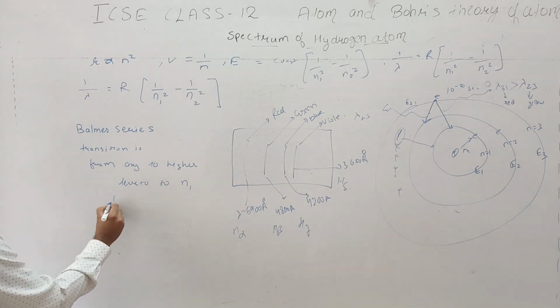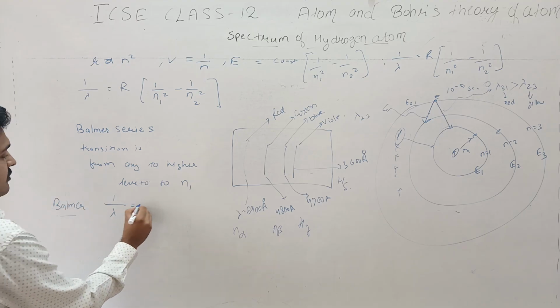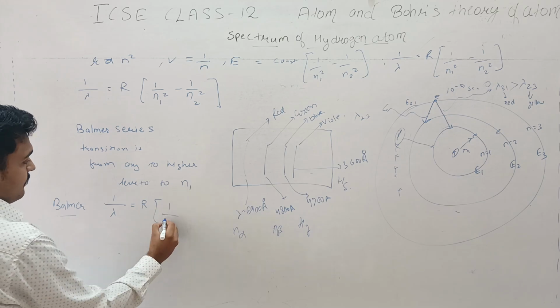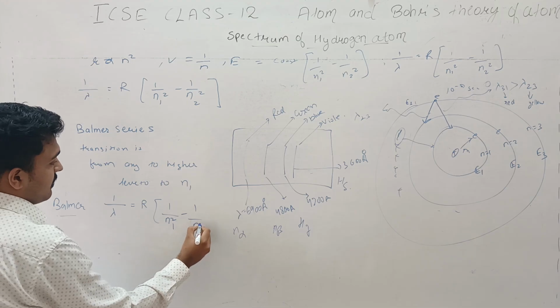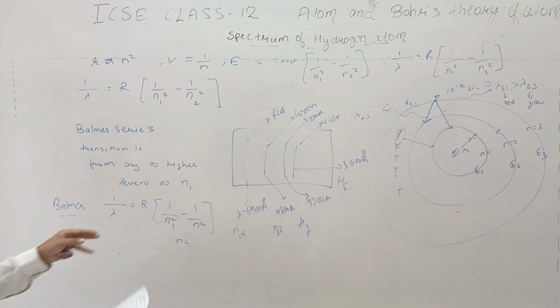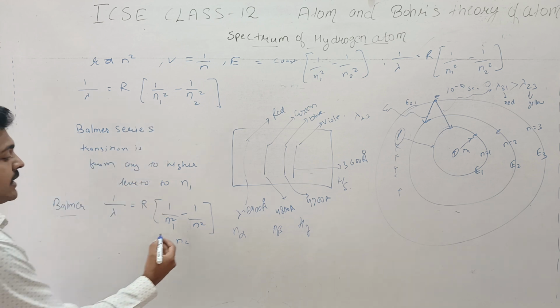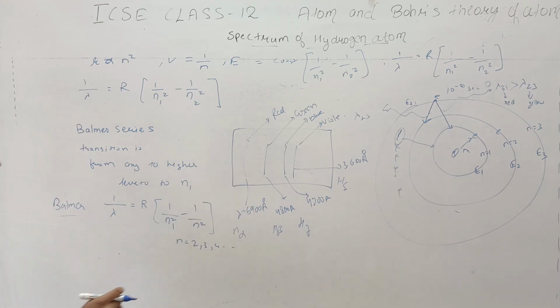Therefore, the lambda corresponding to the Balmer series will be R times (1 by n1 squared minus 1 by n squared). And what is n? n is any higher orbital, because the final orbital is n1, so the other orbital may be 2, 3 or any other higher orbital.